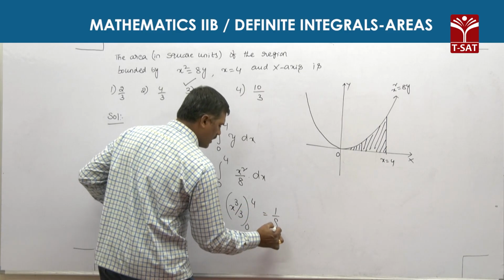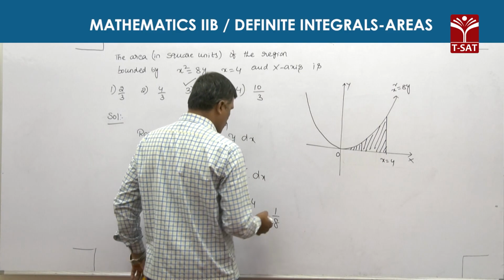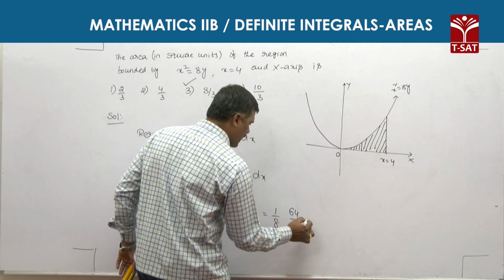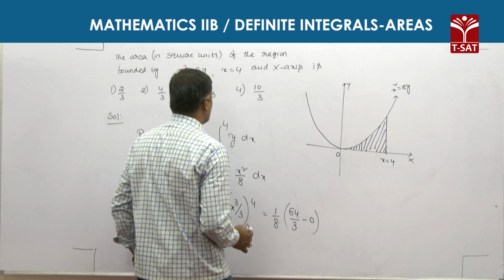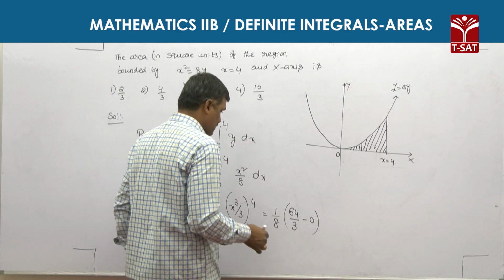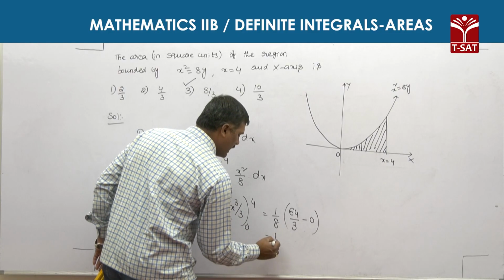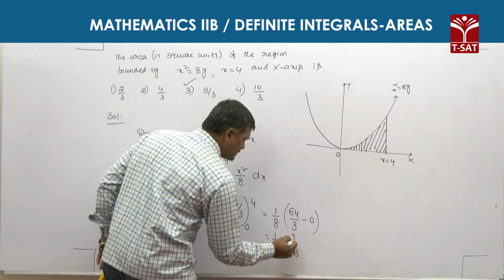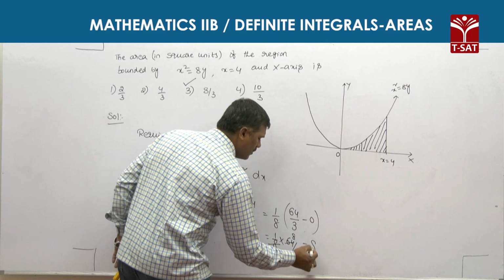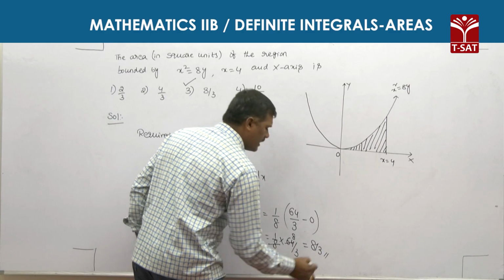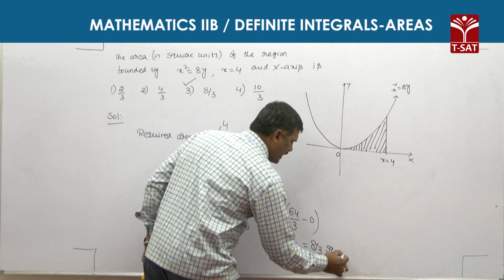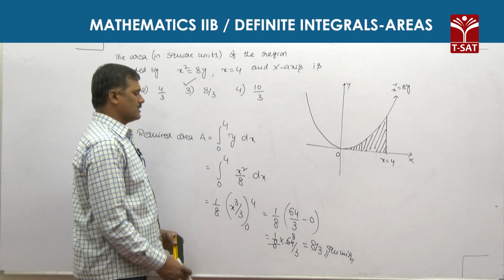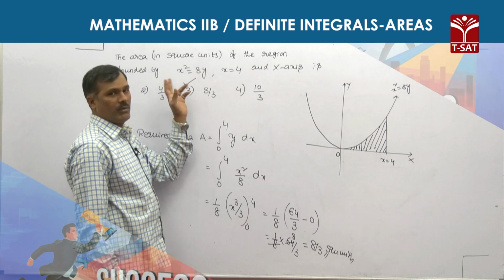That equals 1 by 8 into 4 cube, upper limit, 64 by 3, minus lower limit 0. That equals 1 by 8 into 64 by 3, 8 cancelled into 64, 8 times, which is equal to 8 by 3 square units. Which is the required solution of the given problem.